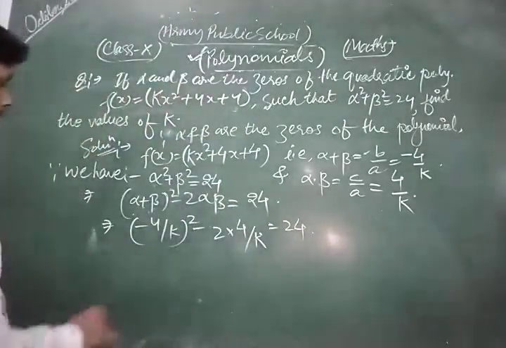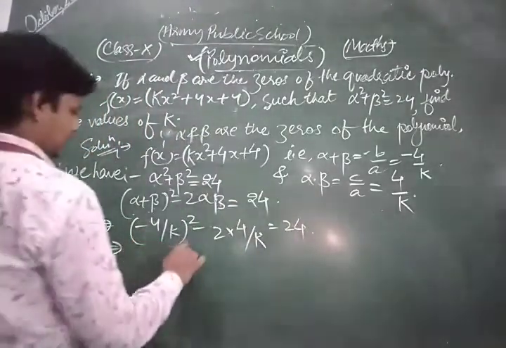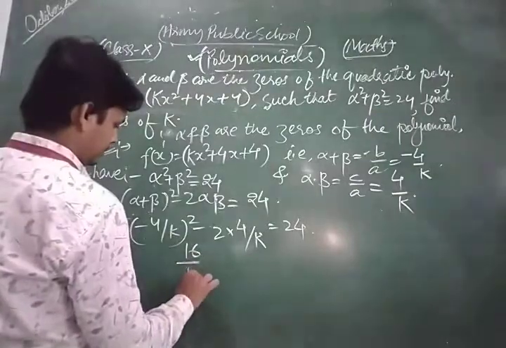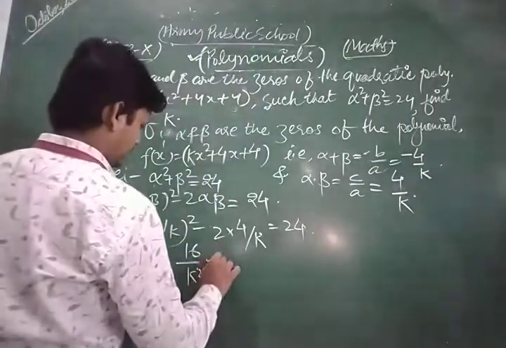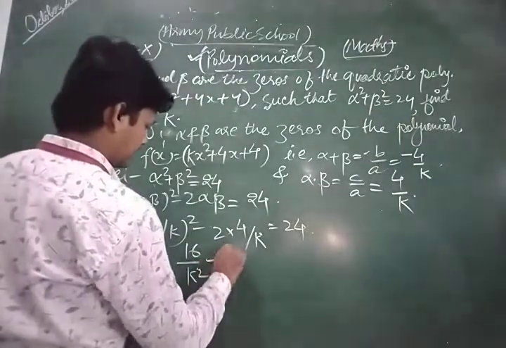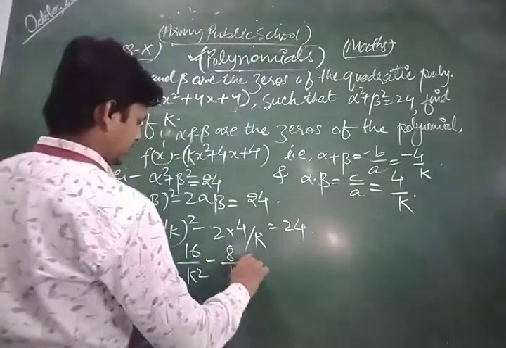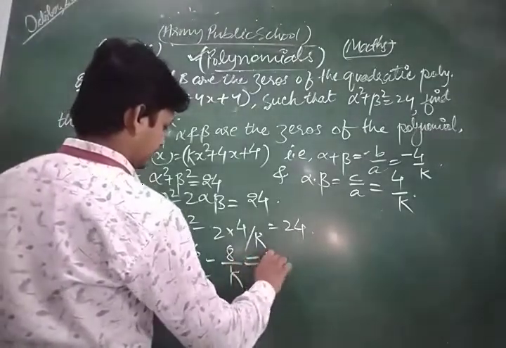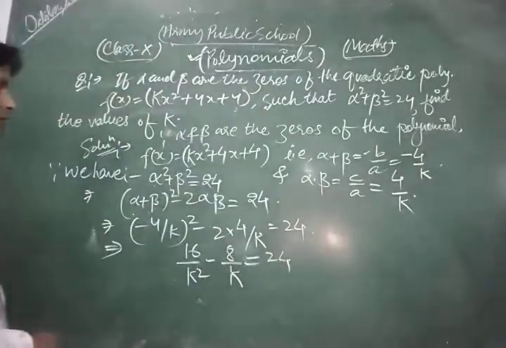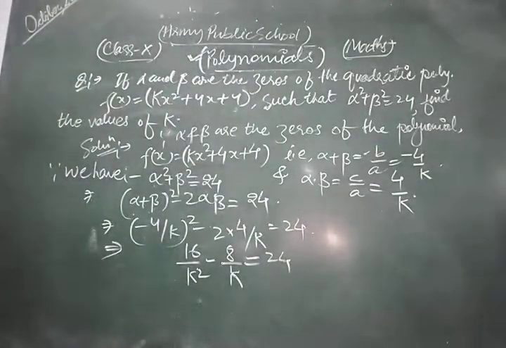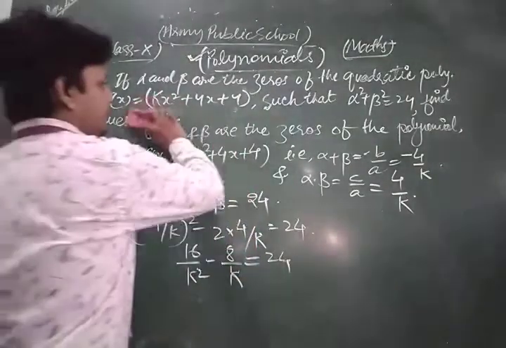24. So we simplify them, and we get 16 upon k square minus 2 fours are 8 upon k, that is 24.